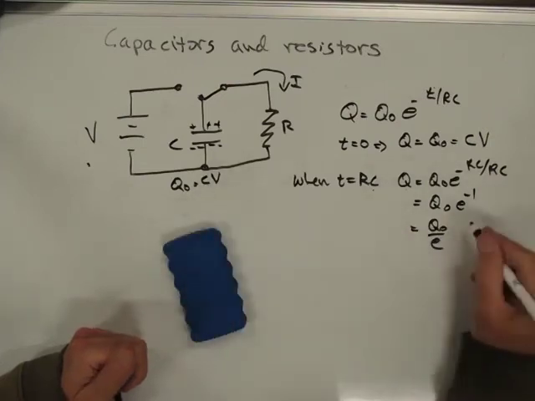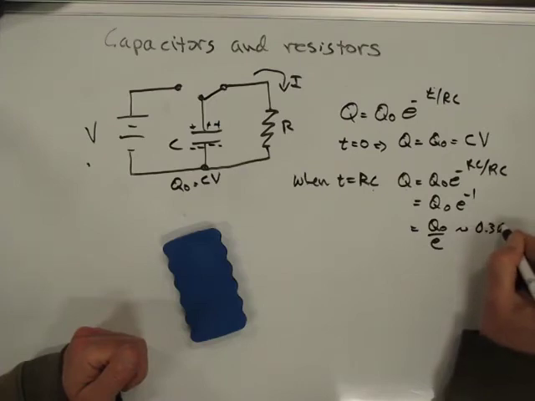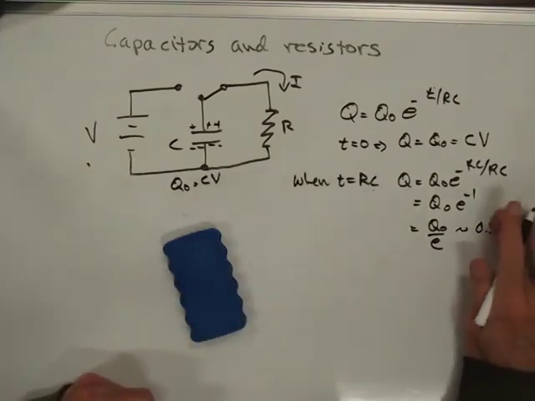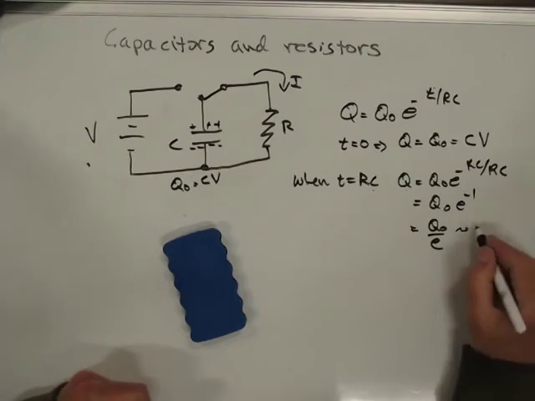This is about 0.368 times Q naught, just to be clear.